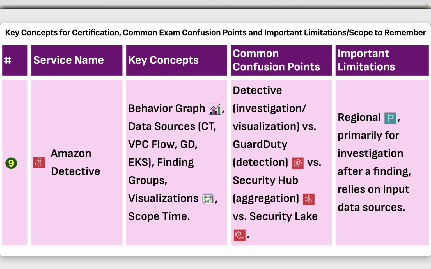Exam confusion points can be Detective, which is the service for investigation and visualization, versus GuardDuty, which is for detection, versus Security Hub, which is totally for aggregation, versus Security Lake, which is mostly for S3 data. Limitations are it's a regional service primarily for investigation after a finding, and it relies on input data sources.